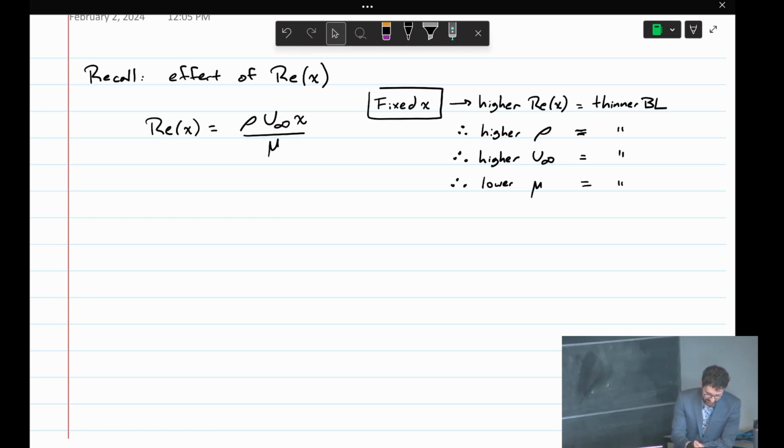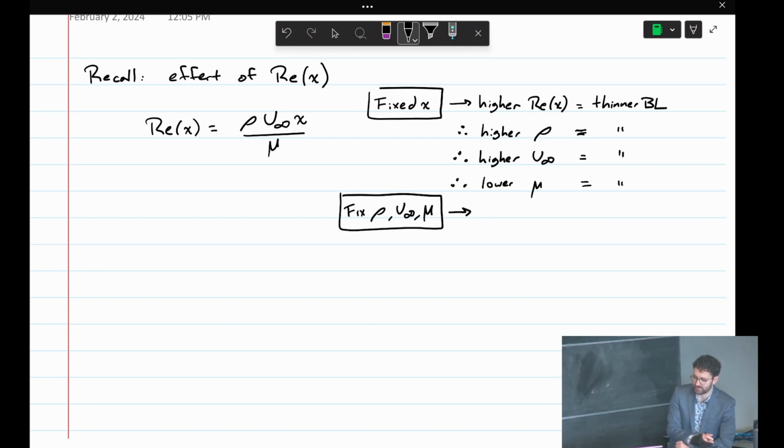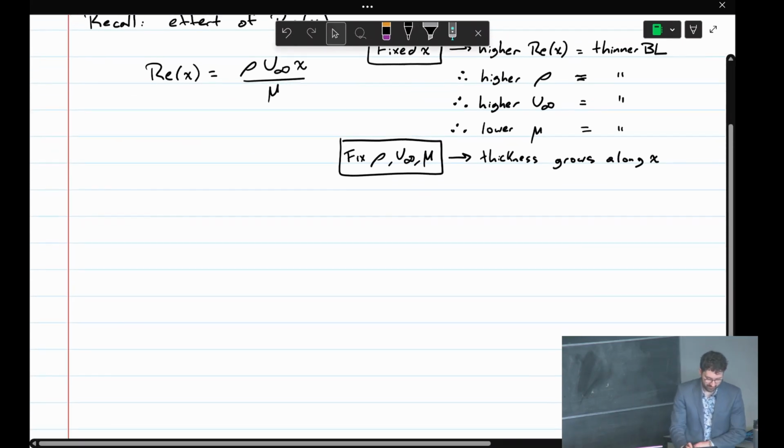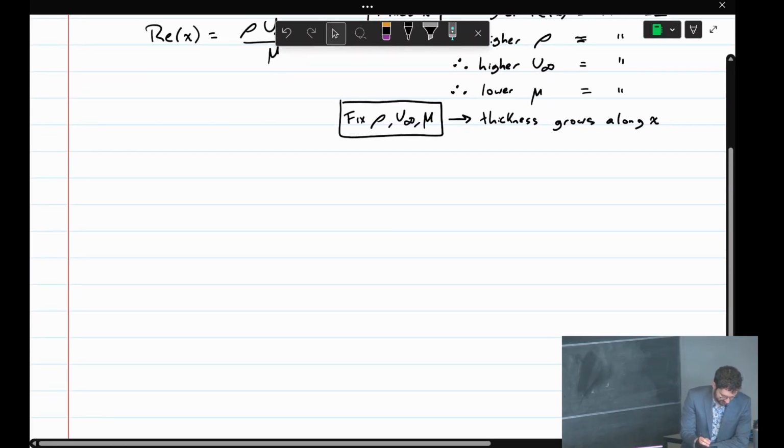Okay, so let's now fix our free stream properties. So fix rho, u infinity, and mu. In that case, the boundary layer gets thicker as we move along x. So thickness grows along x, which is exactly the behavior we saw last lecture.